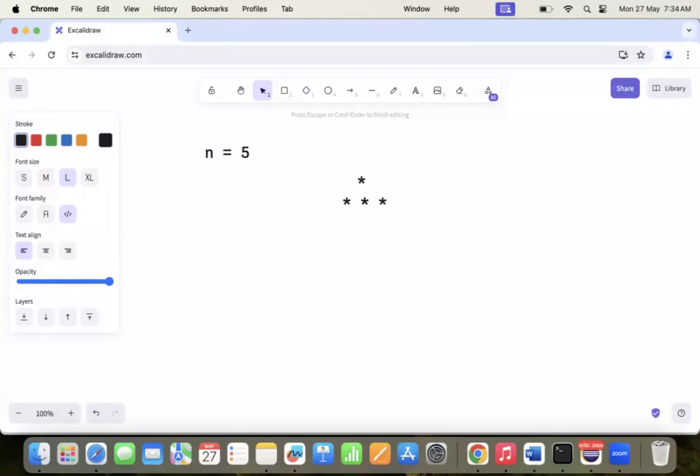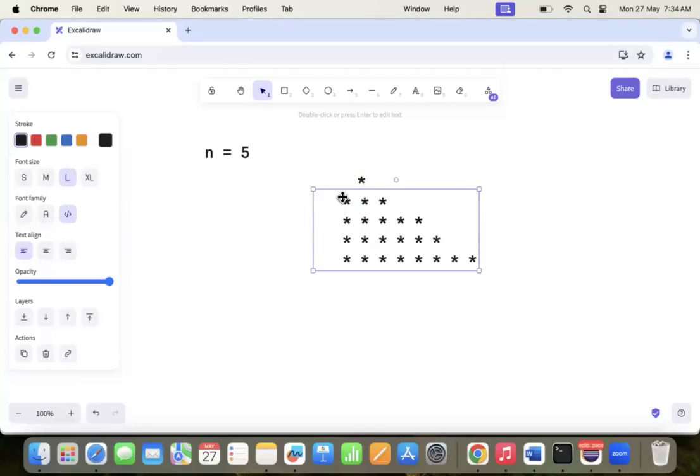First let me write the pattern so that you can understand. The pattern is not like this. The pattern becomes like a pyramid, but I will make it a pyramid next.